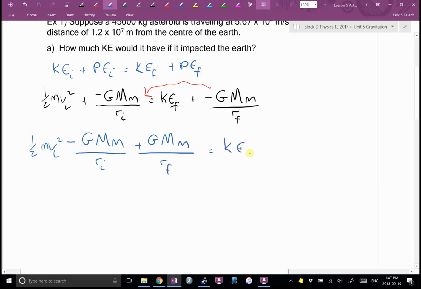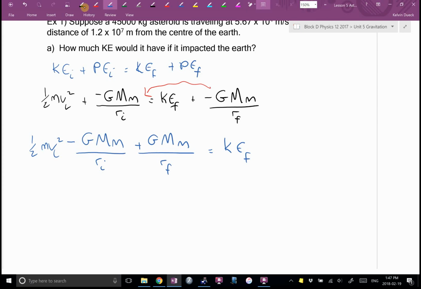That's going to tell me how much kinetic energy we have when we hit the ground. Should I be expecting a positive or a negative answer here? In fact, I think a fairly big positive if I understand asteroid impacts at all. So if I get a negative, I've messed up somewhere. I'm going to be really, really careful.